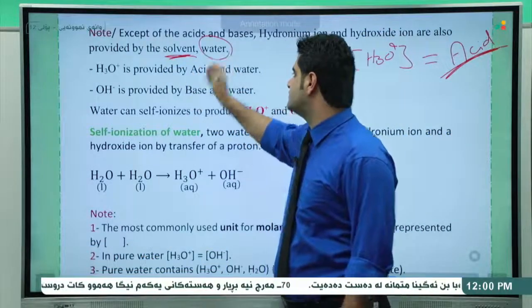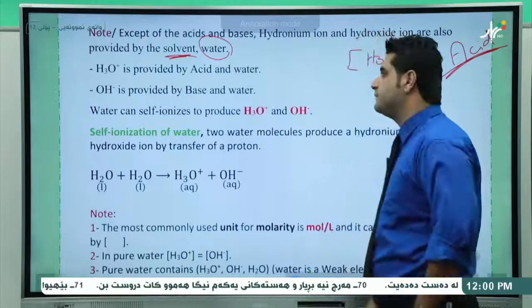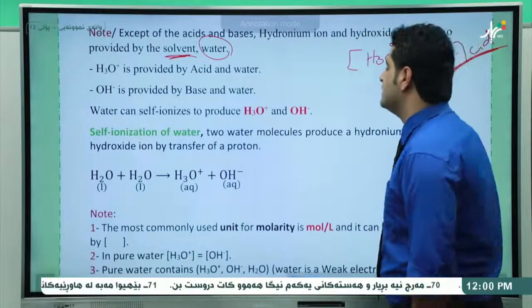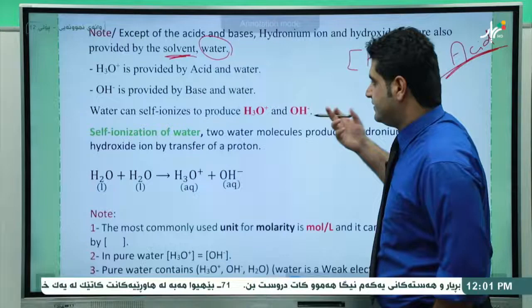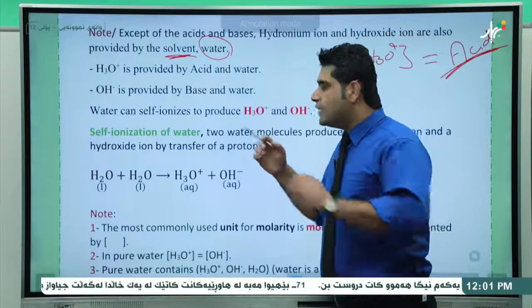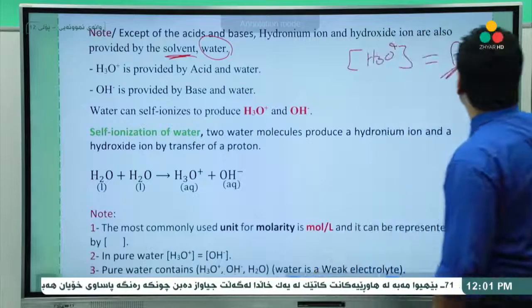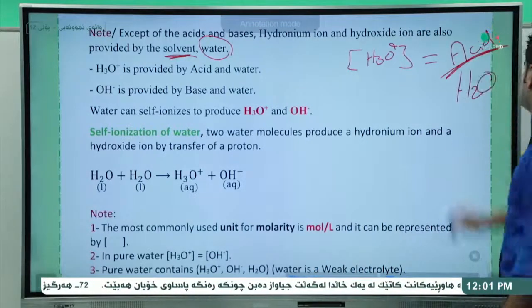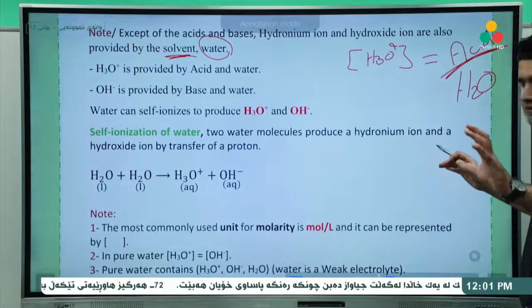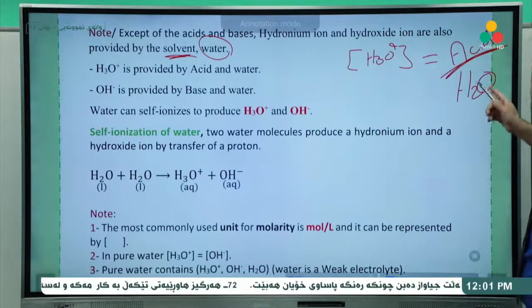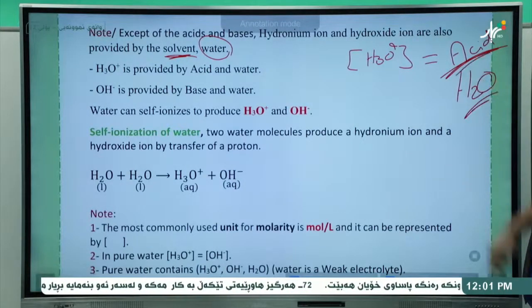Okay, water. Water is mostly used as a solvent in chemistry because it has many desired properties. Now we have 2 sources providing the hydronium ion concentration, water and the acid.